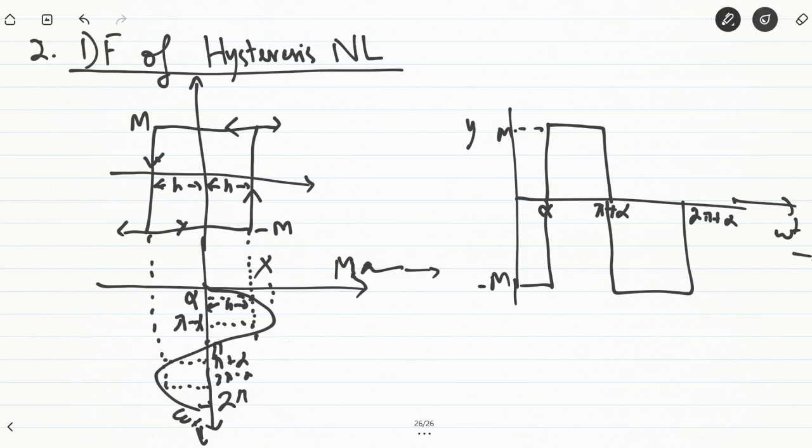Starting from alpha, the output produces a positive value, and it remains at positive m until the input retraces the path and reaches minus h, corresponding to pi plus alpha on the input axis.